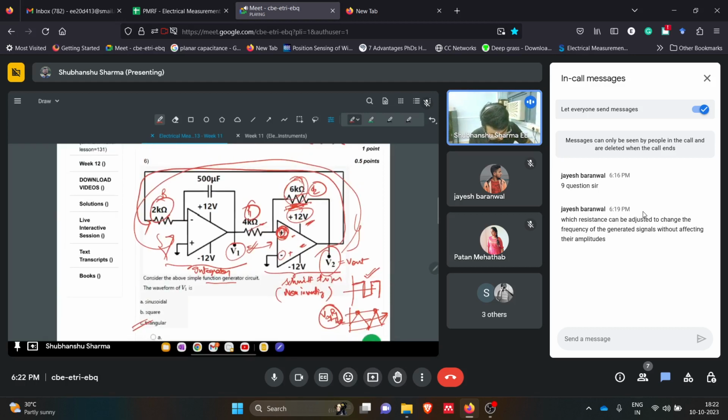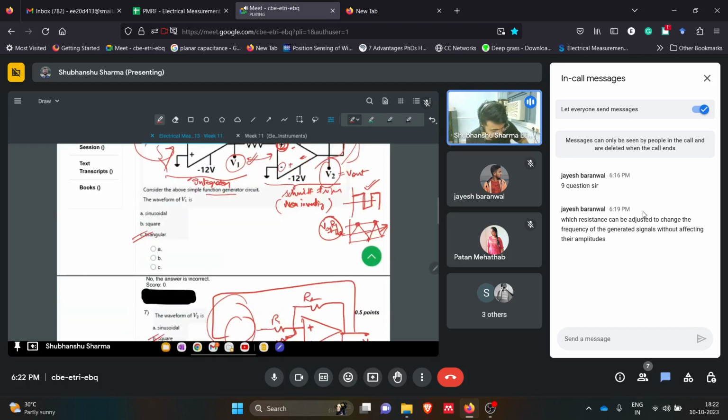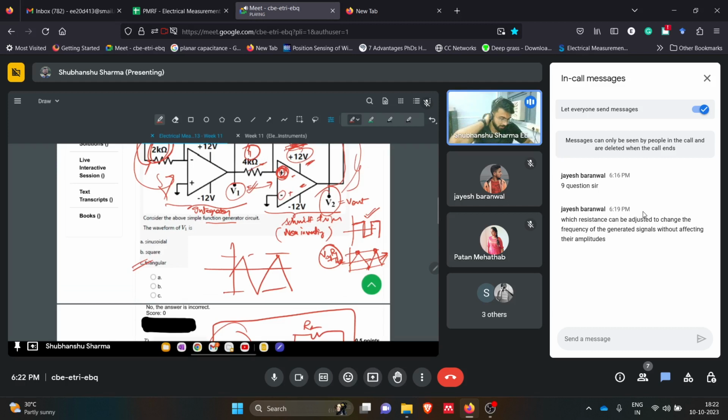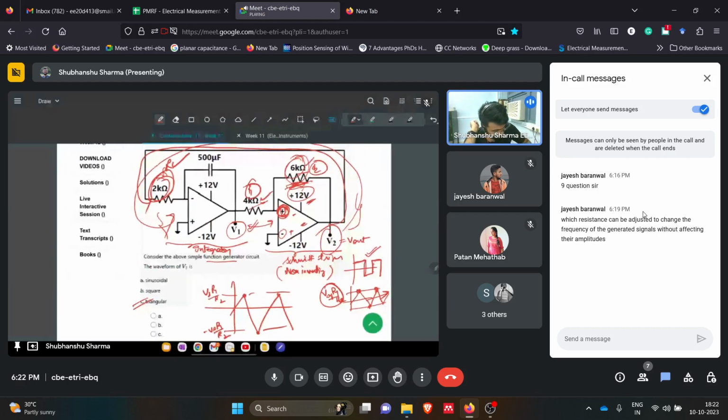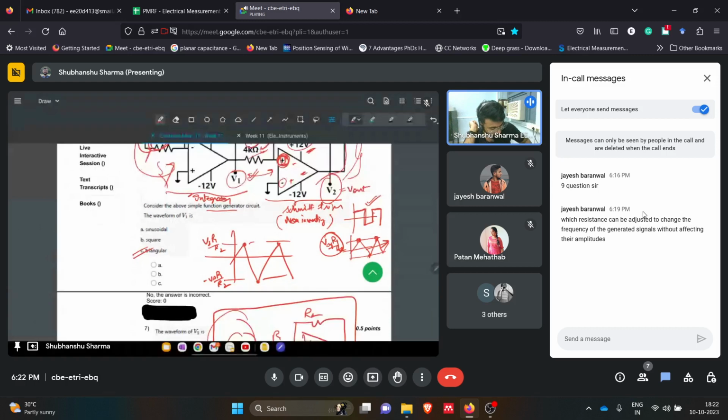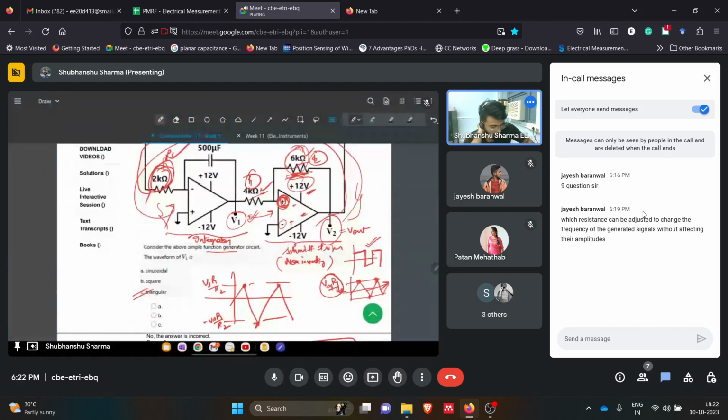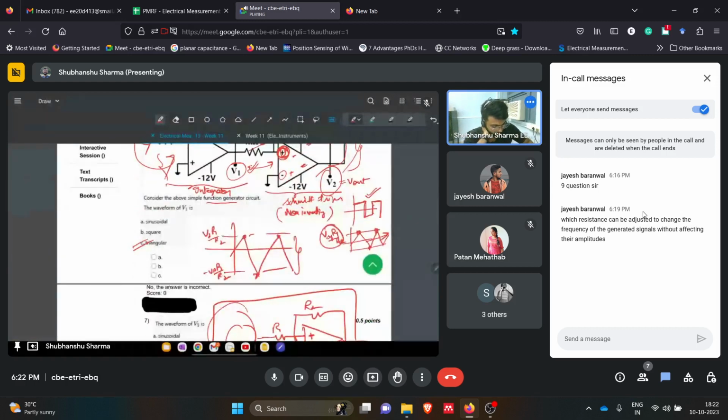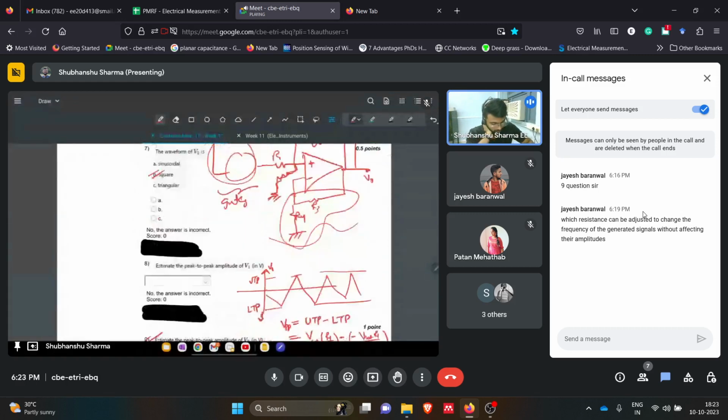You can change this R, because the capacitor voltage's upper threshold is given by Vs R1 by R2 and the lower by minus Vs R1 by R2. So if you change these values, 4K and 6K, then these points will change. But if you change R, then this will remain the same. So you can adjust R but not R1 and R2.